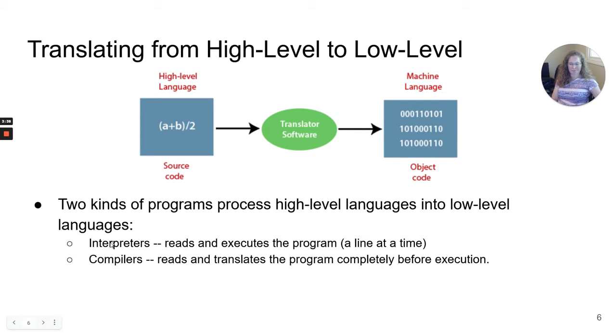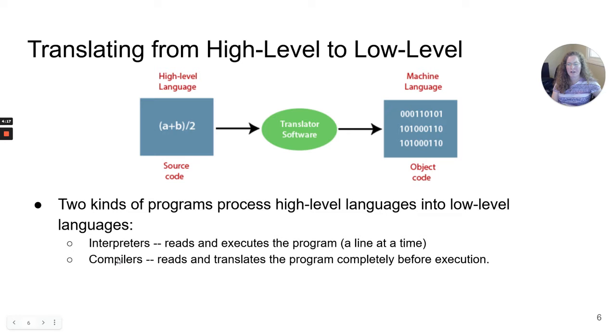So the interpreter is a program. It's another computer program, running on the computer, and its job is to read and execute a line at a time of a high-level language, like the person at church doing sign language, or a person who reads the Latin book one sentence at a time and tells you what it is in English, Latin to English, Latin to English, like that. That is what an interpreter does. It's an on-the-fly thing.